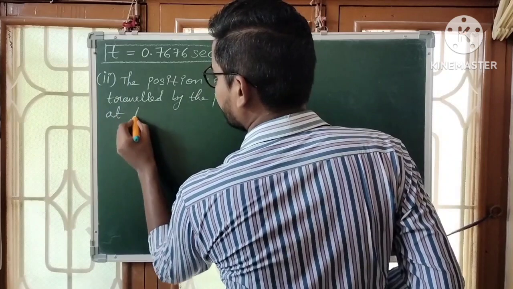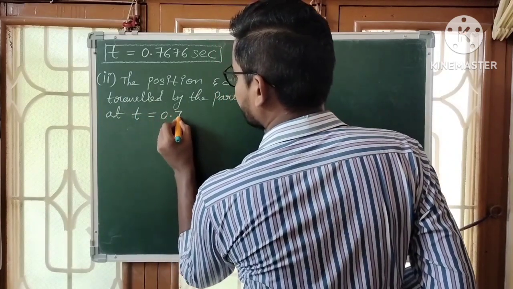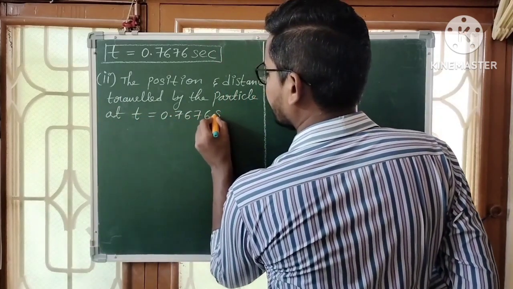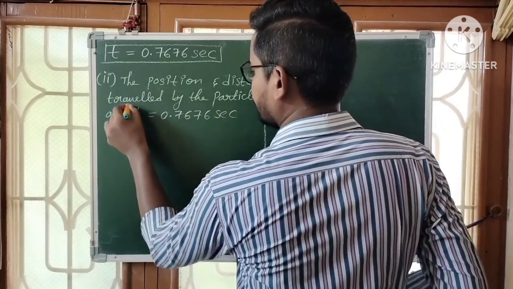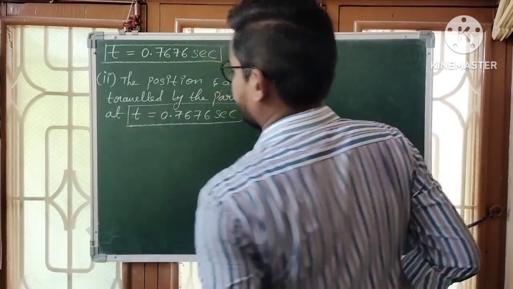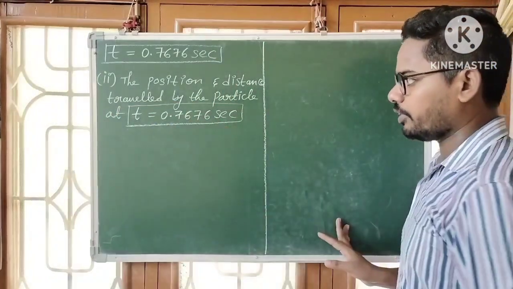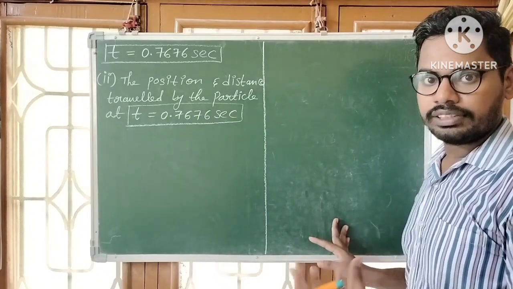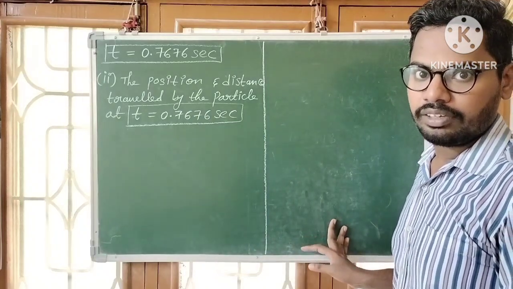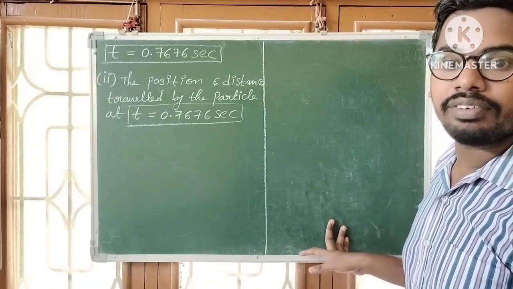At that time means at t is equal to 0.7676 seconds. So at t is equal to 0.7676 seconds, what is the position of the particle? And what is the distance travelled by the particle?